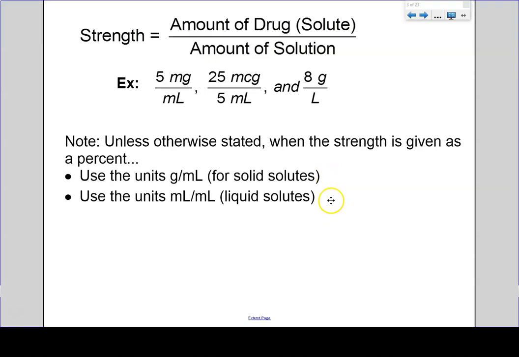If they're dissolving something that's liquid, say I'm making an alcohol solution, putting alcohol in water, then the units are milliliters per milliliter. So it depends on whether you're dissolving something that is solid, or diluting, which is usually when you talk about something that's liquid.